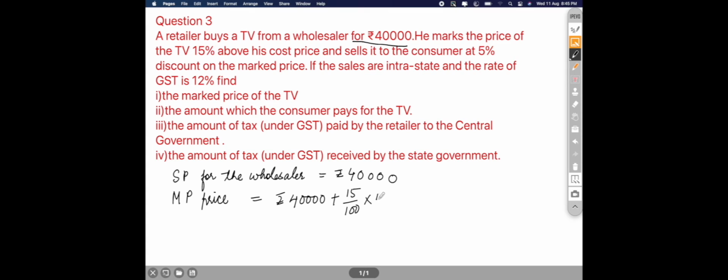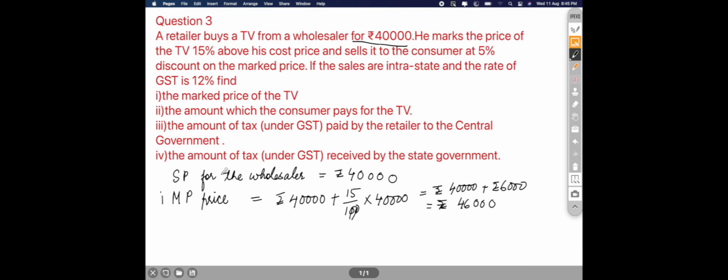He has marked 15% above the cost price, right? So that counts to, if you simplify, it is rupees 40,000 plus rupees 6,000. That counts to rupees 46,000. Fine. Now the first part of the answer is over.